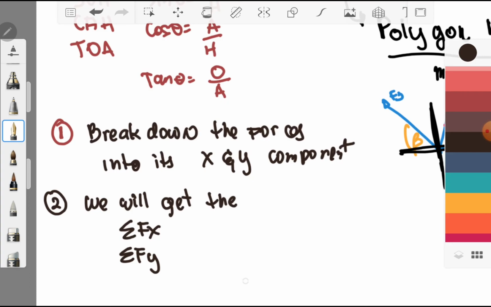Take note of this symbol, it means summation.